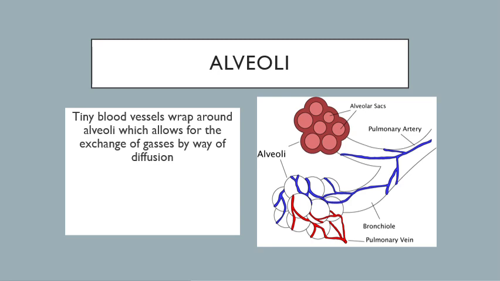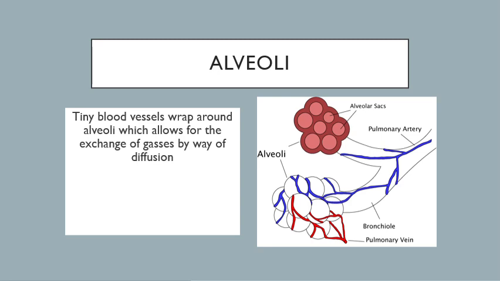Remember, membranes are permeable to gas. So gases can diffuse from an area of high concentration in the alveoli to low concentration in the cells that are wrapping around it. So high concentration of oxygen on the inside, low concentration in the blood cells, diffusion occurs.